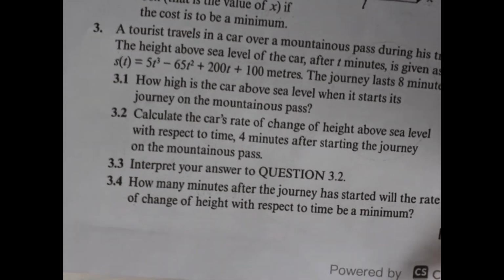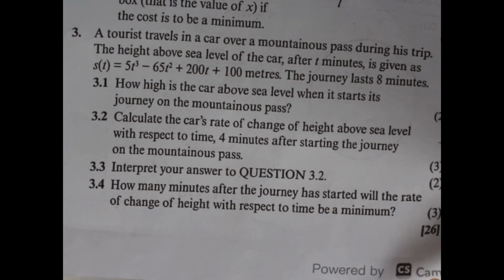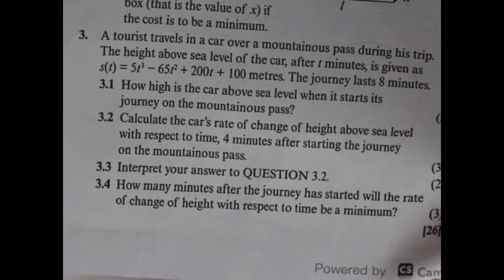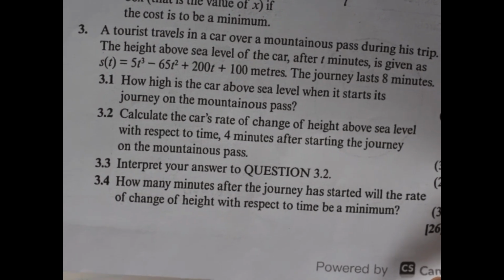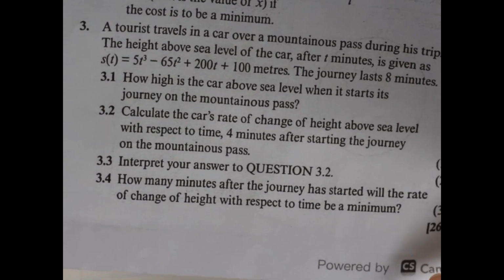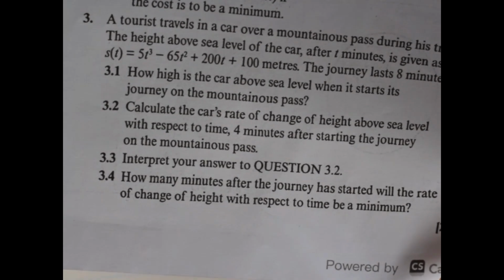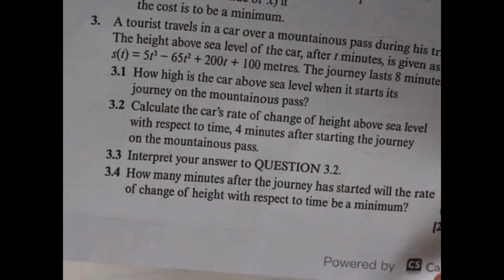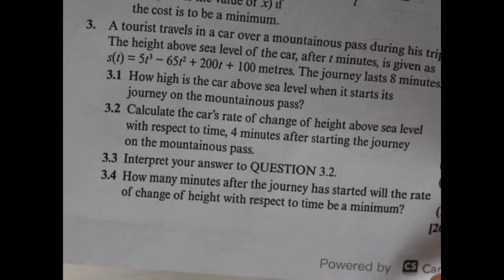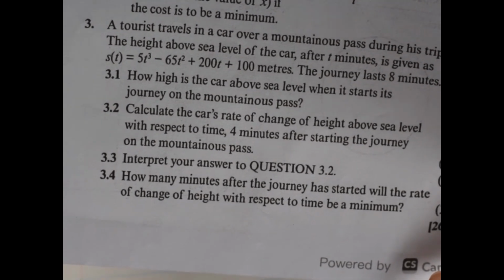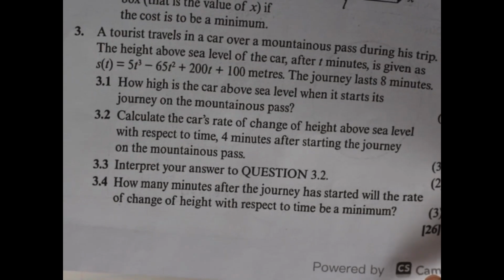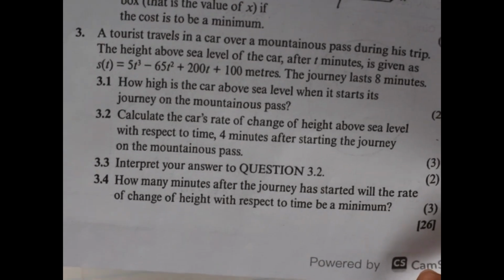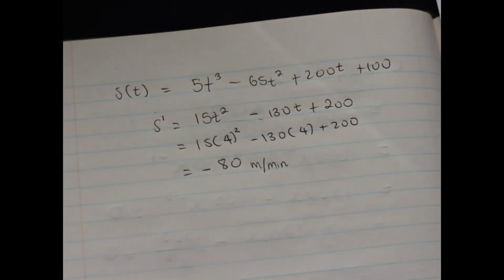So we're just going to take our first derivative and set it equal to 0. That's when we're going to find the time at which that function is at a minimum. So, how many minutes after the journey started will the rate of change of height with respect to time be a minimum? Okay, so we'll set that equal to 0.